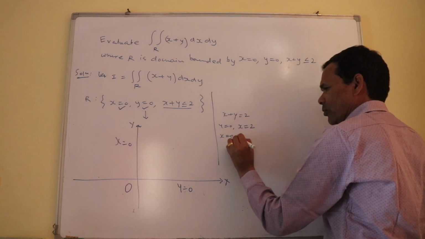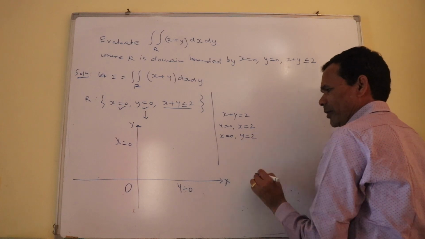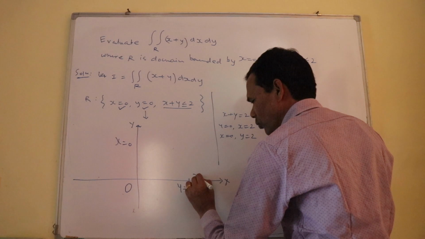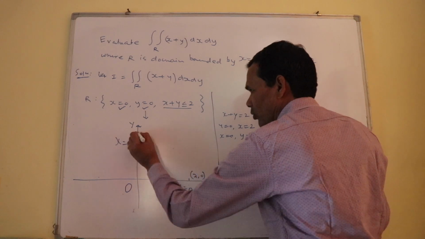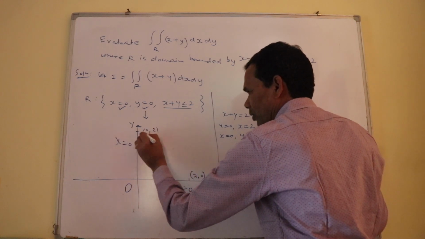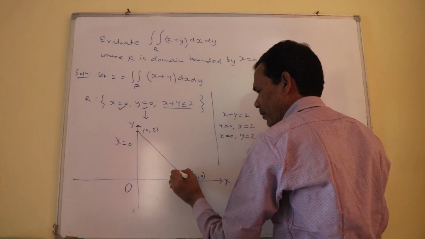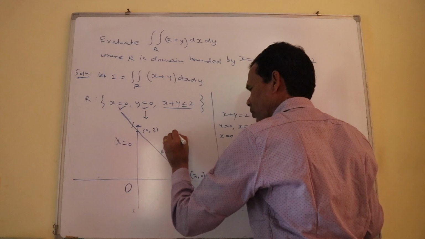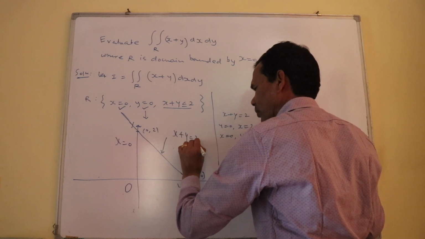For x is equal to 0, y is equal to 2. Means the line passing through (2, 0) and (0, 2). So this is the line x plus y is equal to 2.